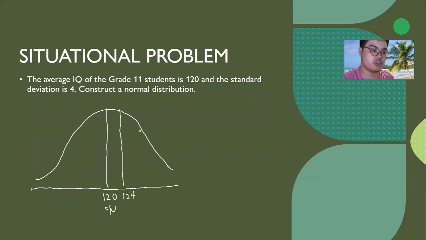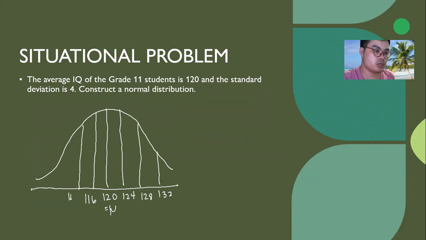So this will become 124, then 128, then 132. Then for the left side, you subtract 4 from the mean. So this will become 116, then 112, and then 108.